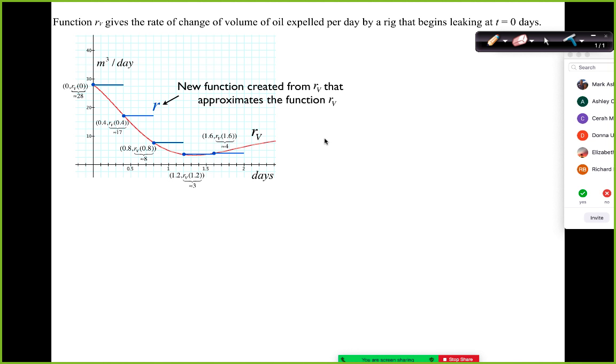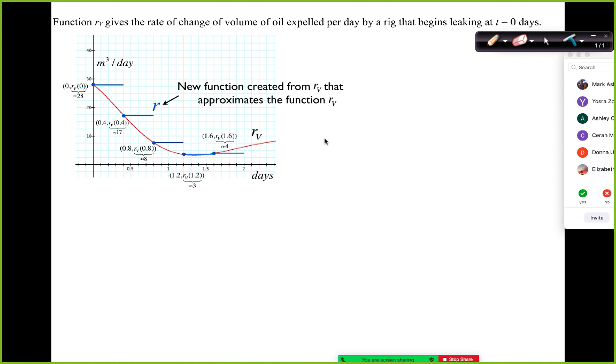Anybody? Is it because we want to use that rate of change function, and it's kind of impossible to take every single small moment? You have to make an approximation.